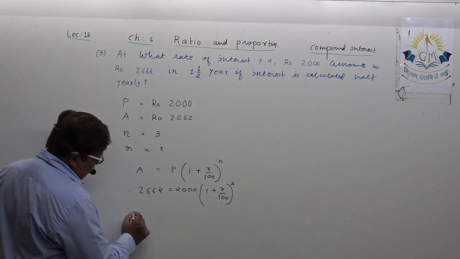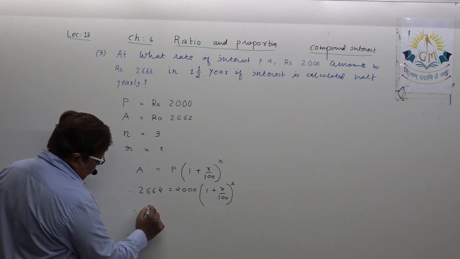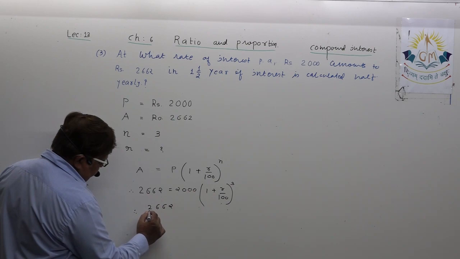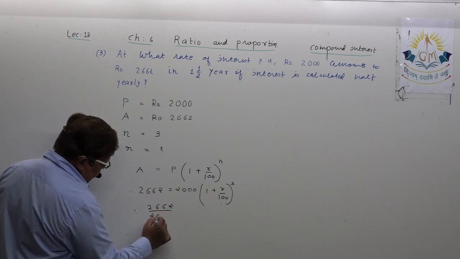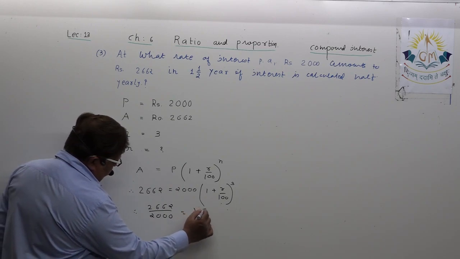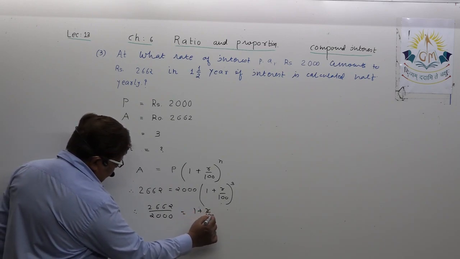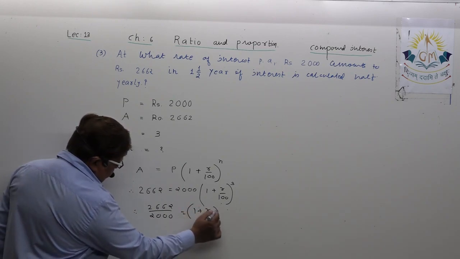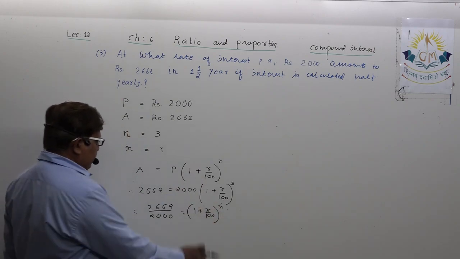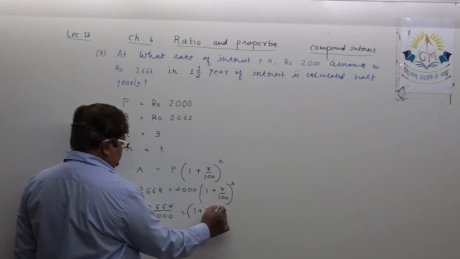Transferring this number here, 2662 upon 2000 equals 1 plus R upon 100 raised to N. Sorry, raised to the power 3.